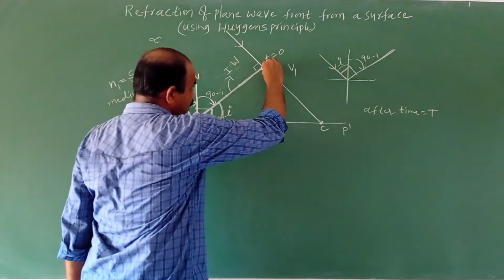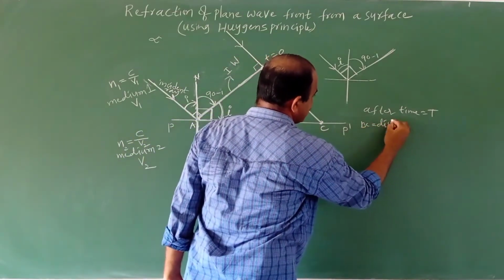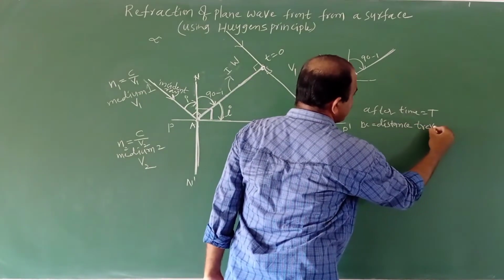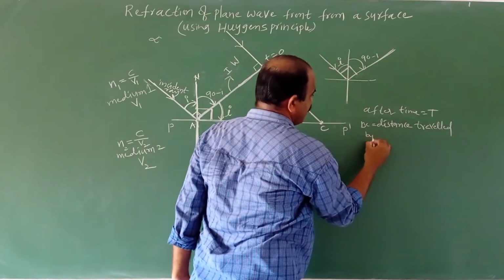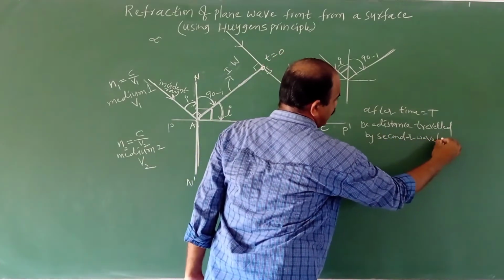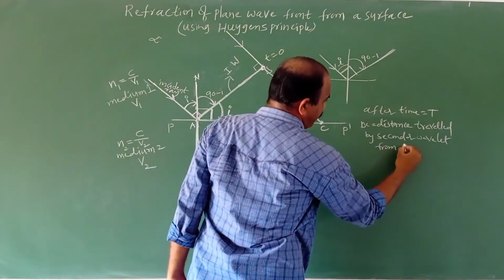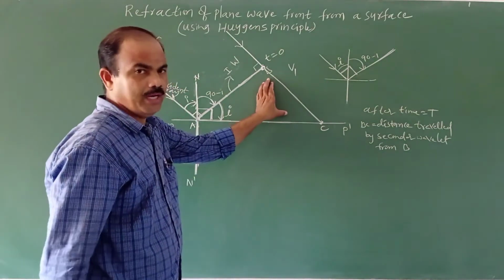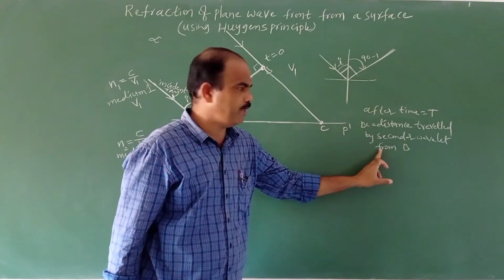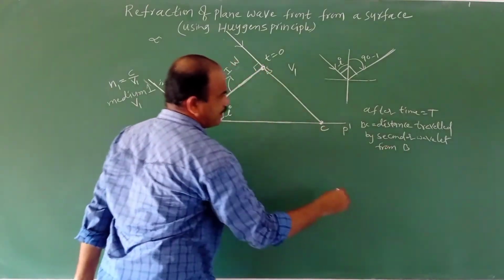Now this is the distance traveled by whom? BC is the distance traveled by the secondary wavelet from B. So how can we find the distance BC?